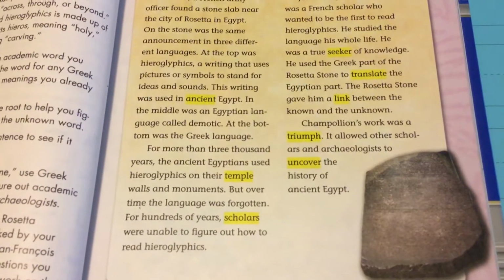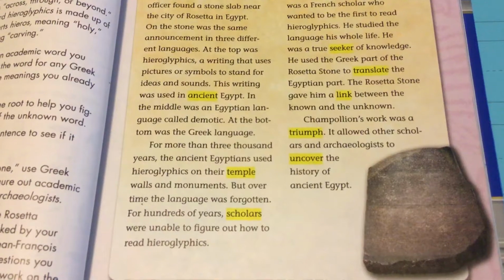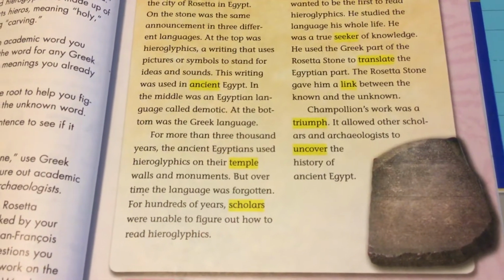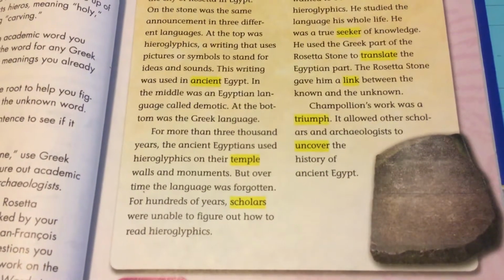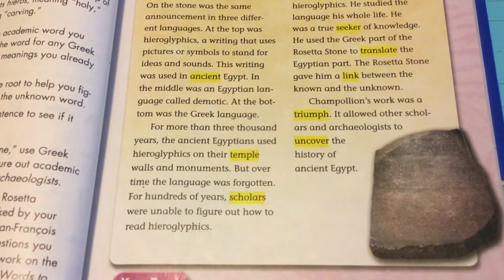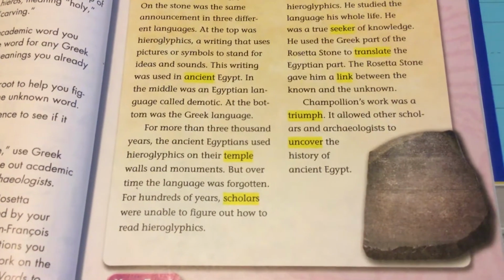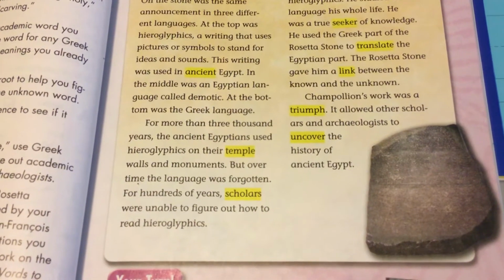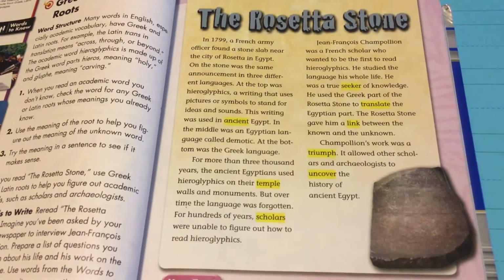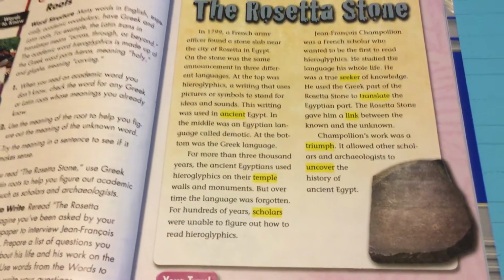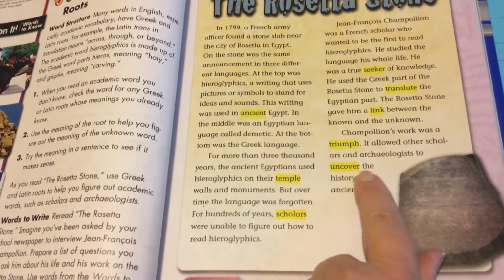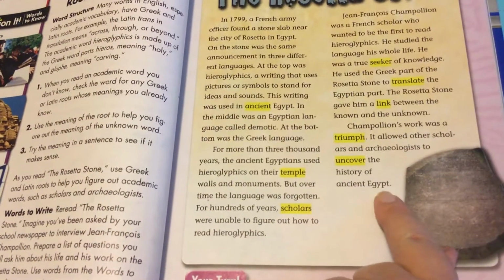He used the Greek part of the Rosetta Stone to translate the Egyptian part. The Rosetta Stone gave him a link between the known and the unknown. Champollion's work was a triumph. It allowed other scholars and archaeologists to uncover the history of ancient Egypt.